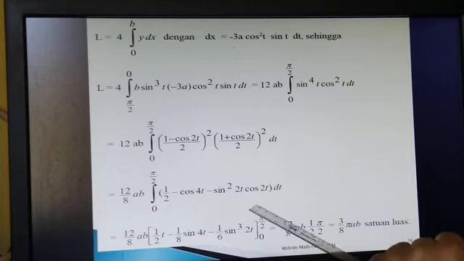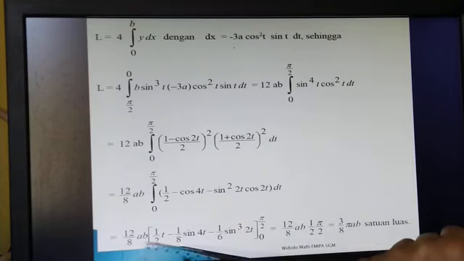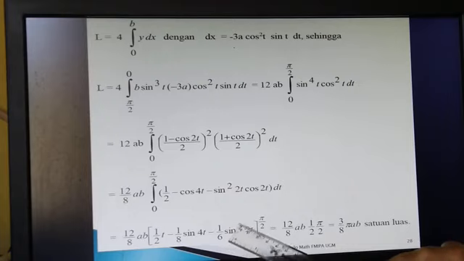And then by using the technique of integration of the definite integral, we have that the integral is equal to 12 divided by 8 ab times (1/2 t minus 1/8 sin 4t minus 1/6 sin^3 2t).